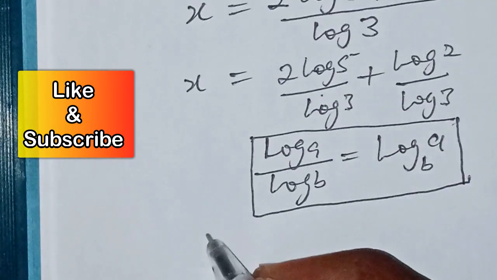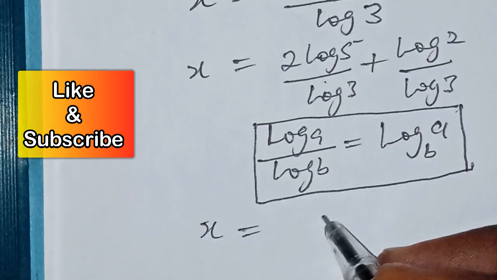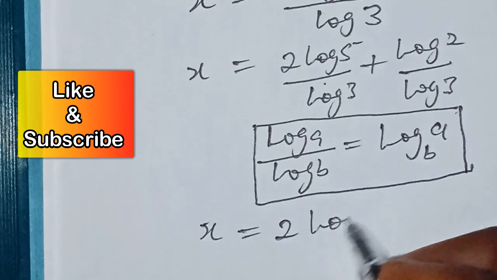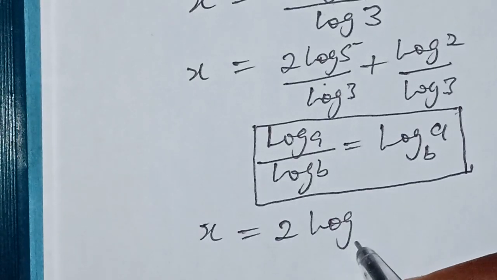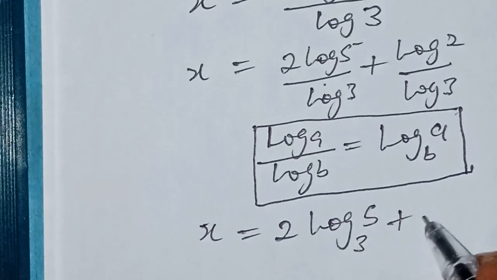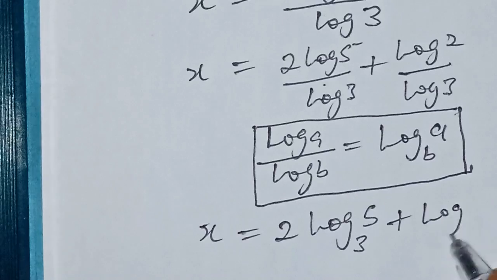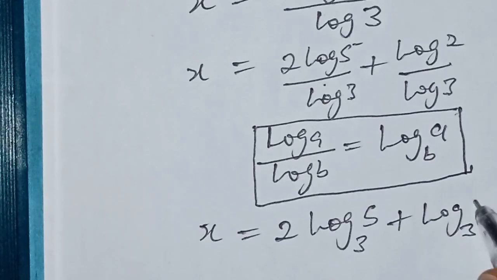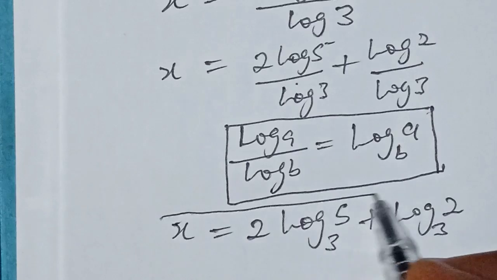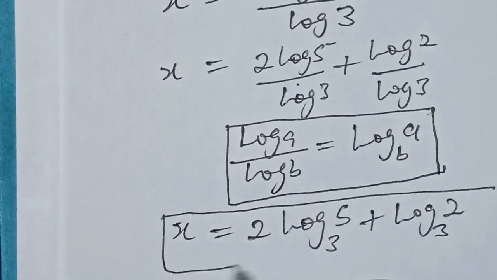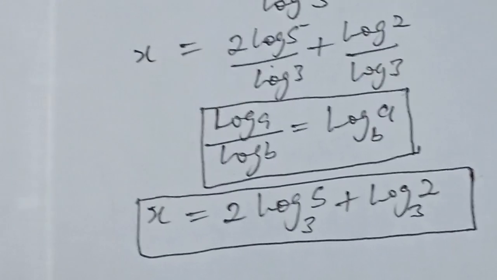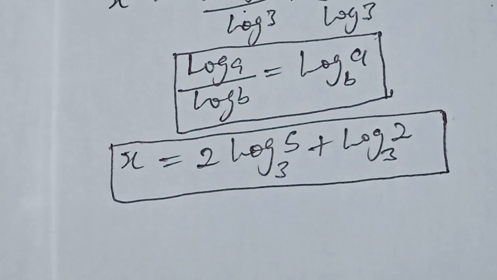So x becomes x equal to 2 log base 3 of 5 plus log base 3 of 2, and this will be the value of x in this question.